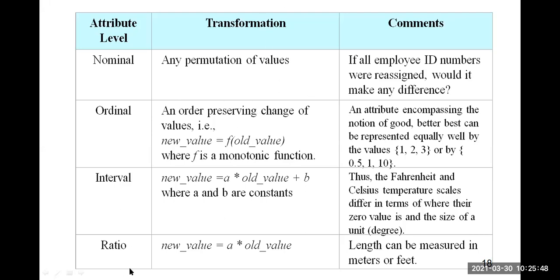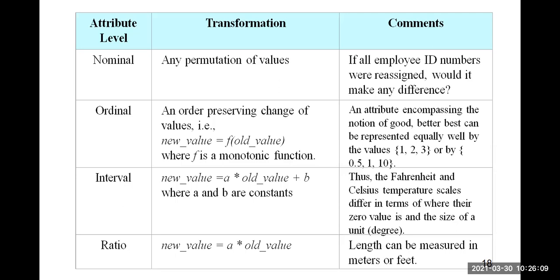Now, how will we work with these different types of values? For example, you can see nominal values allow any permutation of values. If all employee ID numbers were reassigned, would it make any difference? Definitely, because employee ID is very, very important.